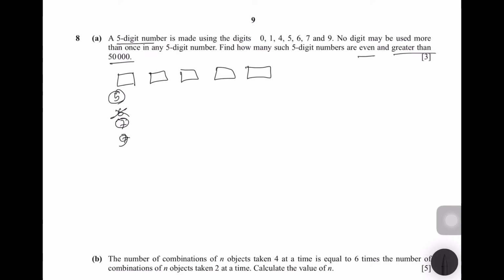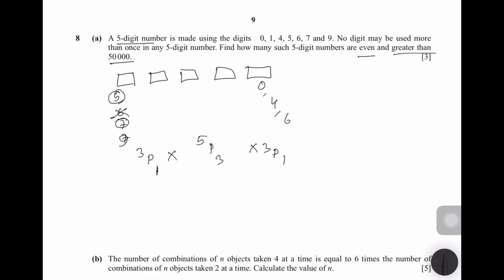So I can substitute here for making it even number, 0, 4 and 6. So we can write here, this is 3P1 into, there is 3 numbers, so 3P1 into rest of the numbers, 2 numbers gone, there will be 5 more numbers. From 5 numbers I can fill these 3 numbers, so 5P3.